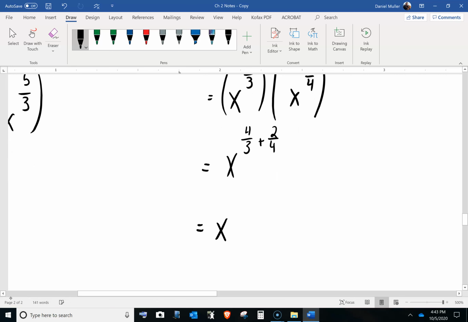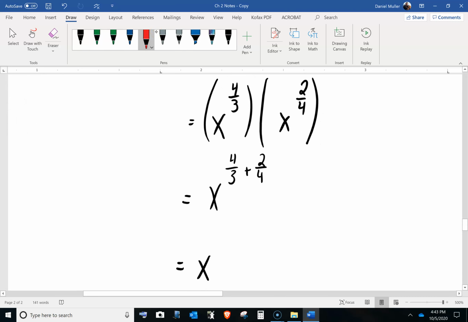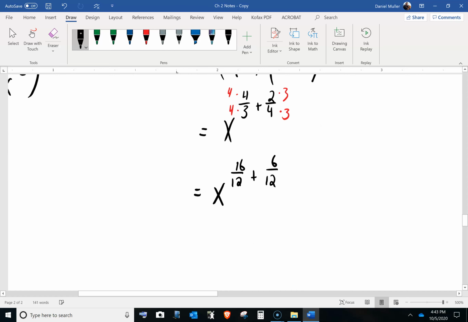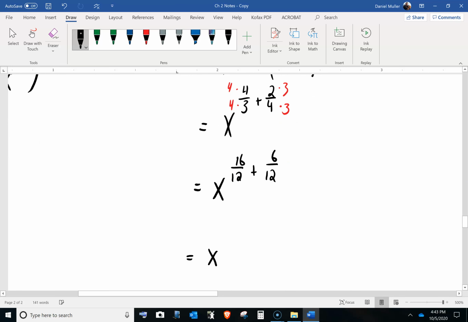But you could. So I do need a common denominator, so I'm going to have to make it 12. So I'll times this by 3 and times this by 4. So it looks to me like I have 16 over 12 plus 6 over 12, which gets us 22 over 12.